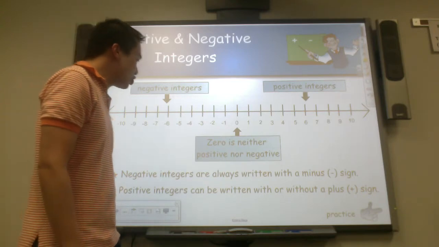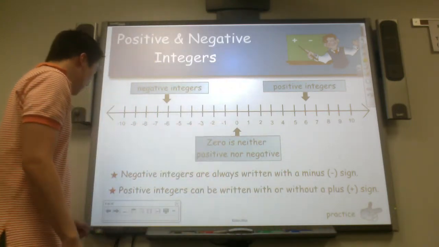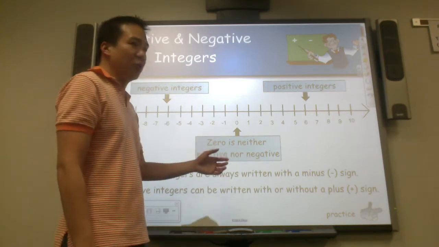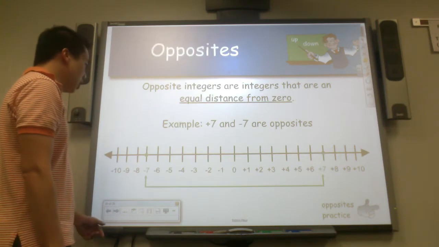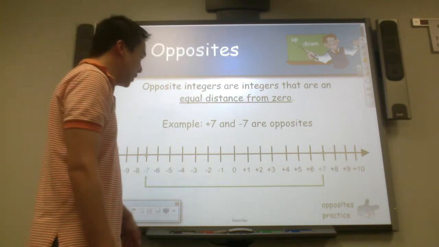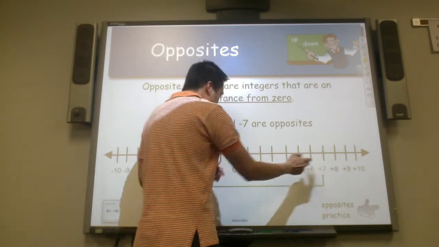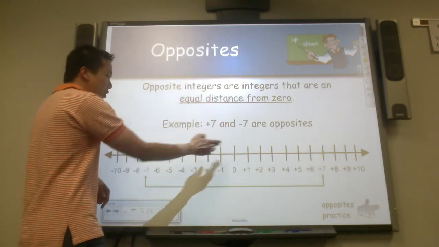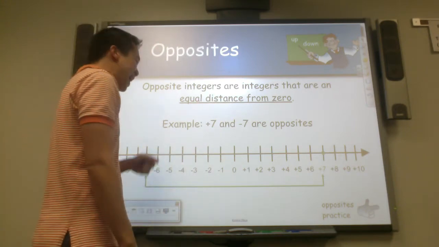However, positive integers can be written with or without a positive or plus sign. It's your option, but most people do not write a plus sign in front of it. So, how do you know? Find the opposite again. For example, positive 7 is 7 units from 0. On the opposite side of the number line, which integer is 7 units from 0? Negative 7.